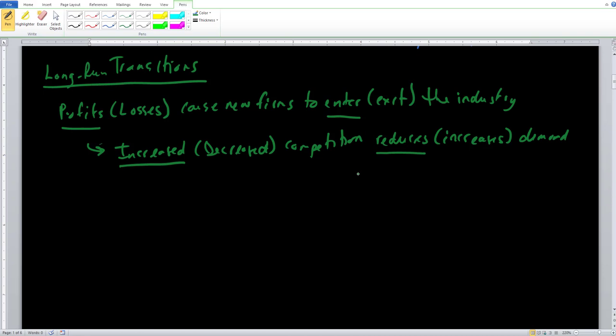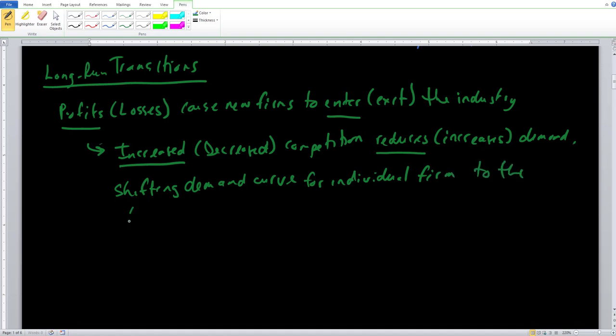And when this occurs, this is going to shift the demand curve for the individual firm over to the left. So here, increased competition reduces demand, shifting the demand curve for the individual firm to the left.